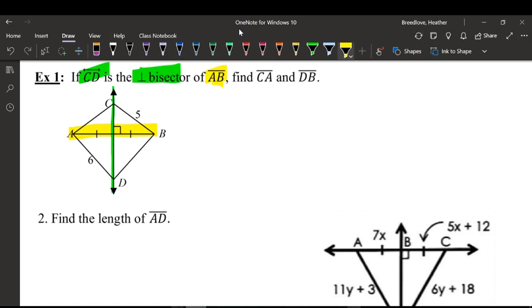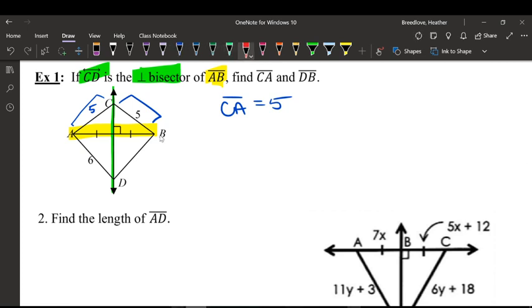Find CA and DB. Okay, so CA from C to A. Well, if this segment has been bisected with a perpendicular bisector, that point C at the top is equal distance to B as it is to A. So if the distance to B is 5, the distance to A is also 5. So those are the same. So CA must be 5.